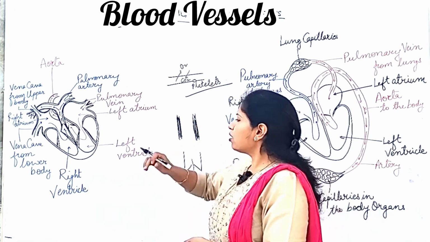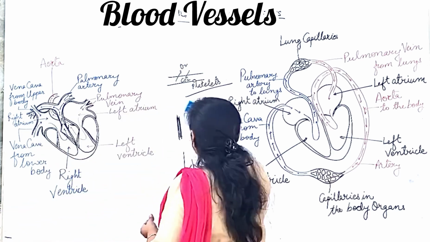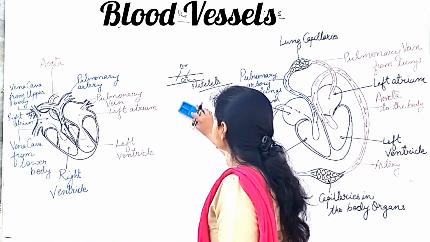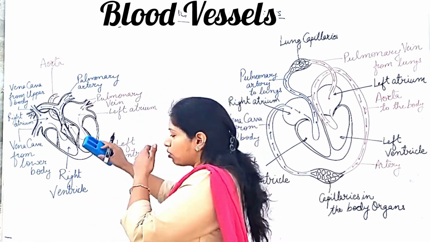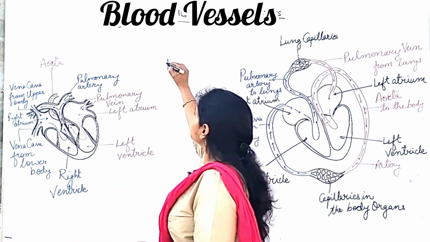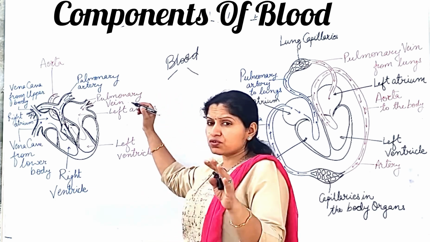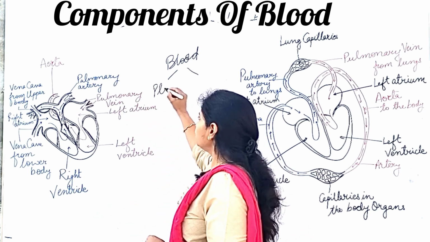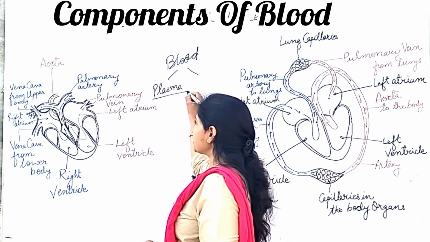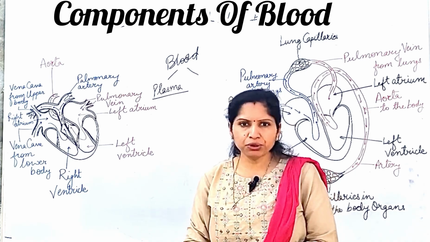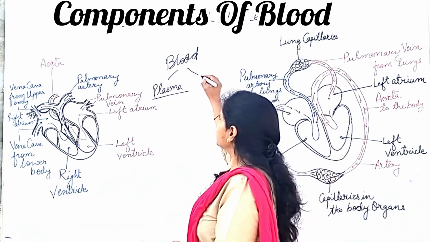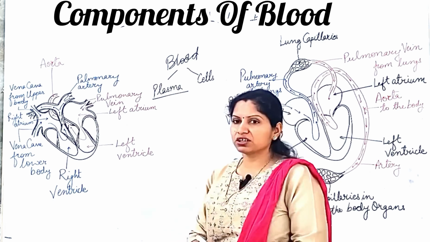Okay, now let's talk about blood in general. What are the components of blood? Blood vessels we have seen, and now let's see the components of blood. Blood consists of mainly two parts. One is the fluid part of the blood, that is known as plasma. And the other is the cells present in the blood.